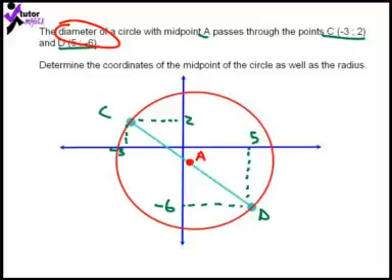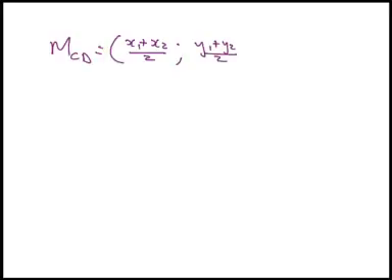It is also the midpoint of the line CD, and we would be making use of the midpoint formula for the line CD. It's given as (x1 plus x2) over 2 and (y1 plus y2) over 2, and you'll see immediately it's already in the right format for the x coordinate and the y coordinate of the midpoint.